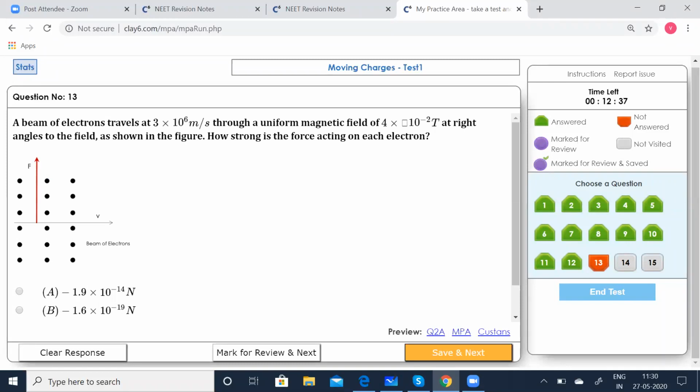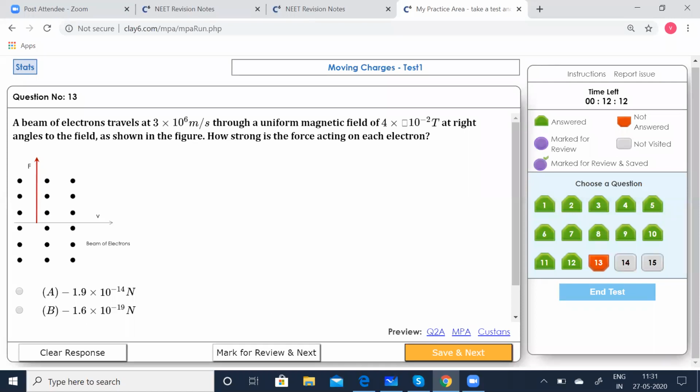A beam of electrons travel at 3 into 10 to the power of 6 meters per second through a uniform magnetic field of 4 into 10 to the power of minus 2 Tesla at right angles to the field as shown in the figure. How strong is the force acting on each electron? Now, look, children, force F on the beam is opposite to the force given by the right hand rule.